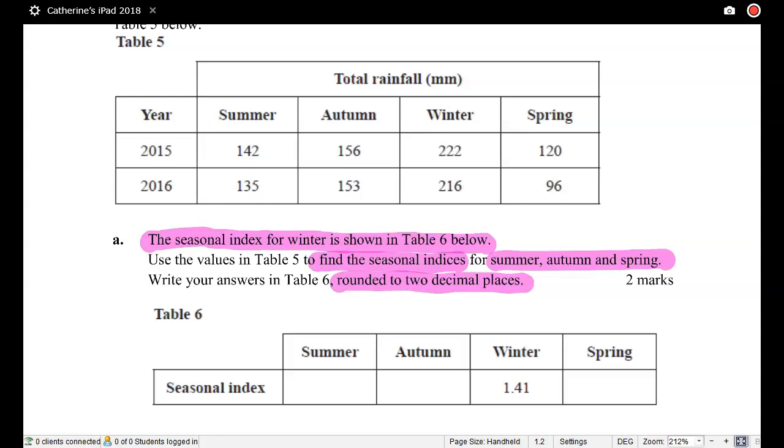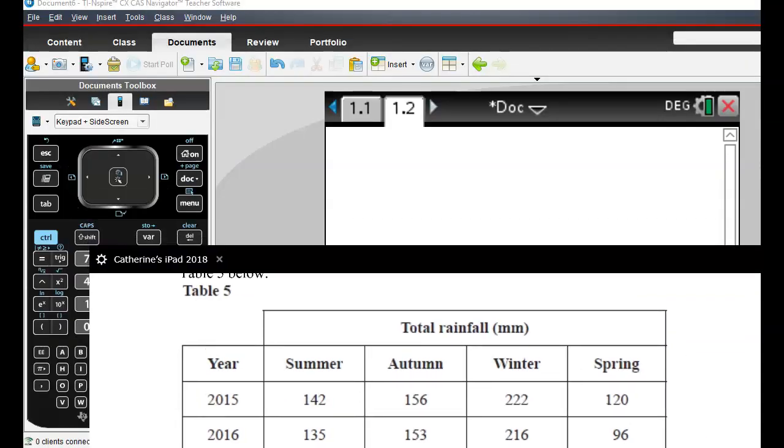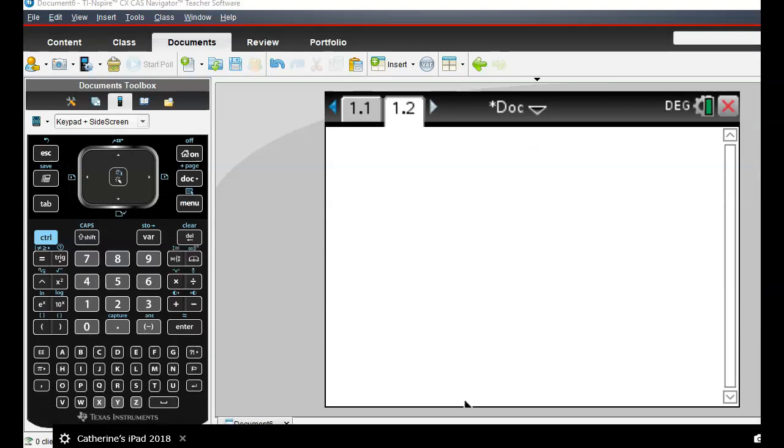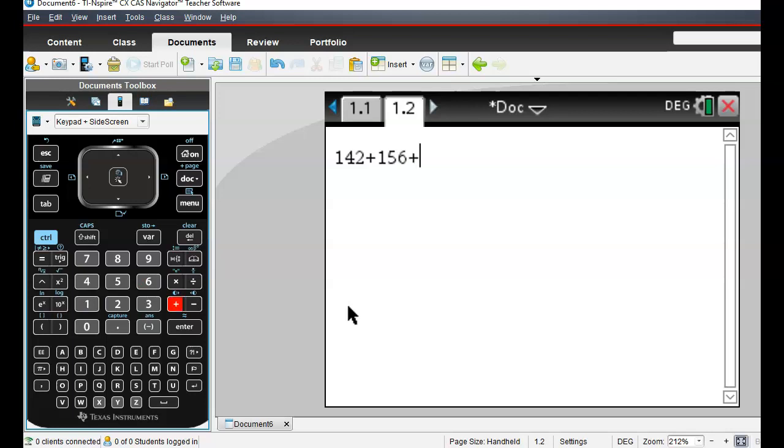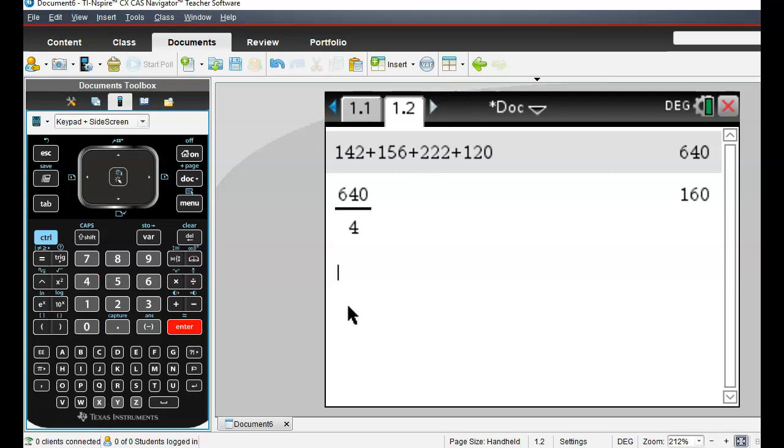So for 2015, and I'll just get the calculator up. I've got 142 plus 156 plus 222 plus 120 equals, divided by 4.